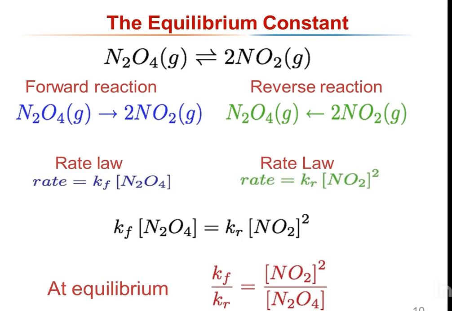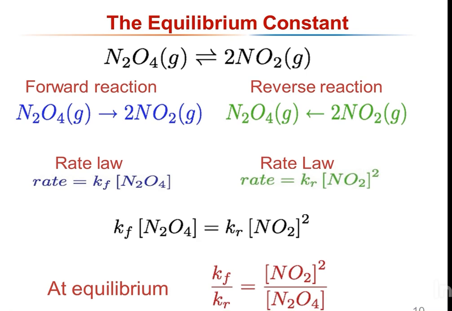Here we have the reaction. We have a forward reaction and we have a reverse reaction. The rate of the forward reaction is K, a rate constant, times the molarity or concentration of the reactant, and on the other side the reverse reaction rate is K, a rate constant, times the molarity of the product to the power of its coefficient, which is 2 here.